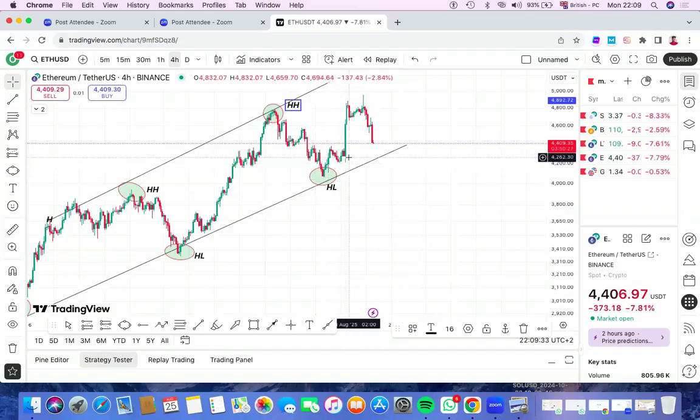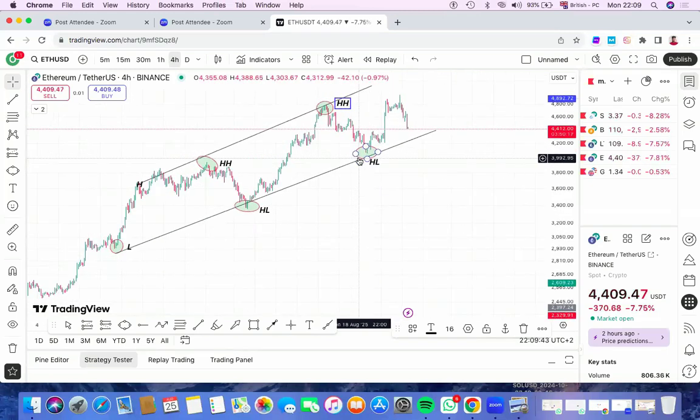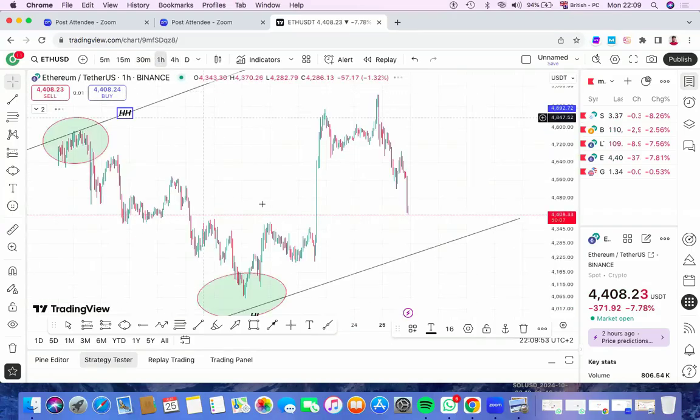This is in the 4 hours, and this is how you determine the trend. You come to the higher time frame, you determine the trend, and then you move to a lower time frame, like the 1 hour, to now draw your structure.